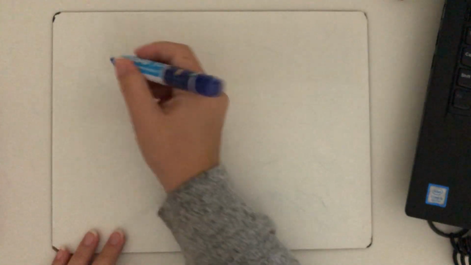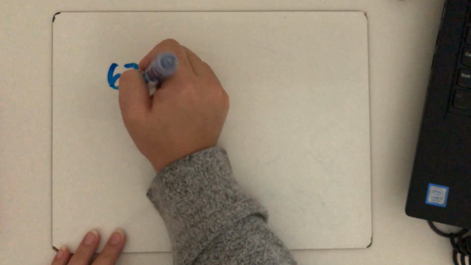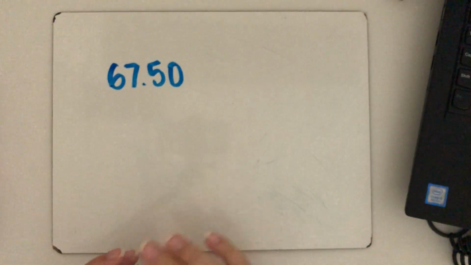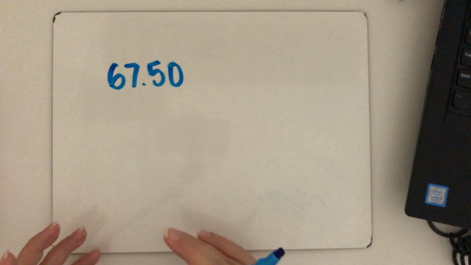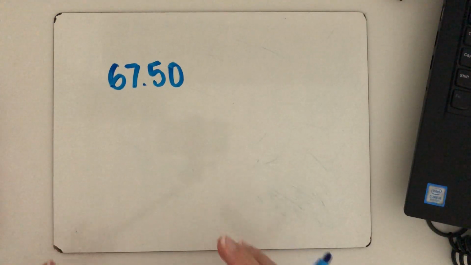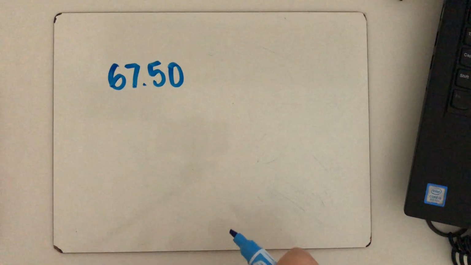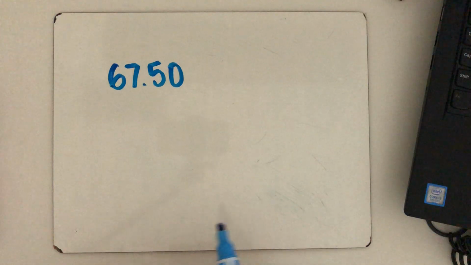So let's say that I start with a sale amount of $67.50. I don't mind if you use calculators at this point. Just remember that these could be items on future FSA problems that are non-calculator based, so you do need to know how to do these without a calculator.